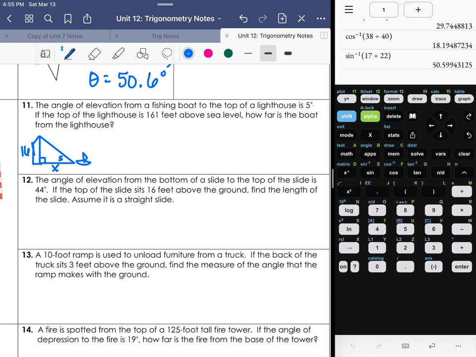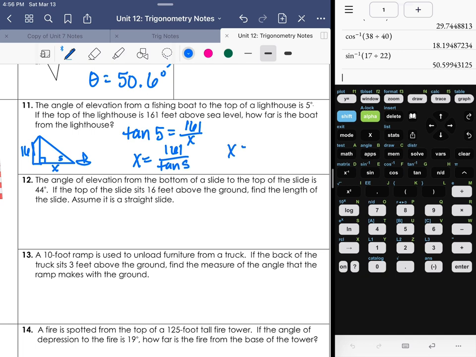So we have a problem here where we are not involving the hypotenuse, so it is a tangent. We're doing tangent of 5 equals 161, opposite, over x, adjacent, which is what we're trying to find. So that means that x would be 161 over the tangent of 5.